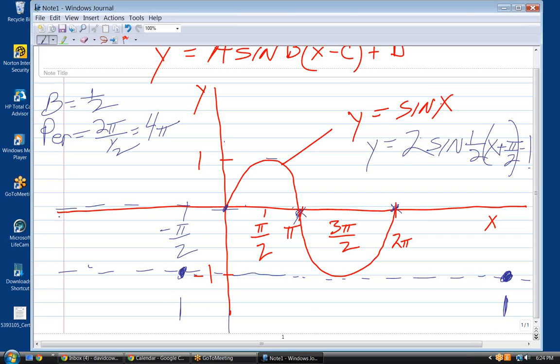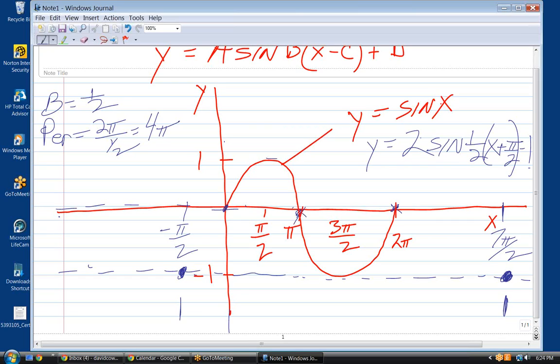That's my beginning and ending point. So if this is at minus pi over 2, what's this at? About 7 pi over 2. Okay, so this point right here is 7 pi over 2, and it might not agree with my red grid, but it's not that far off.